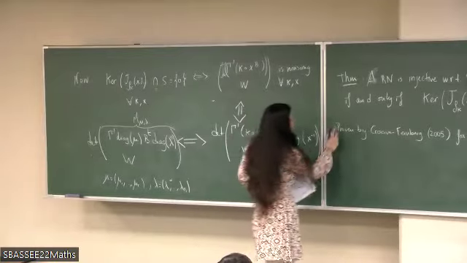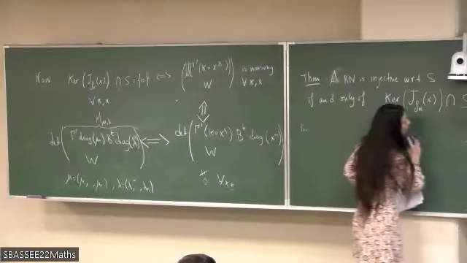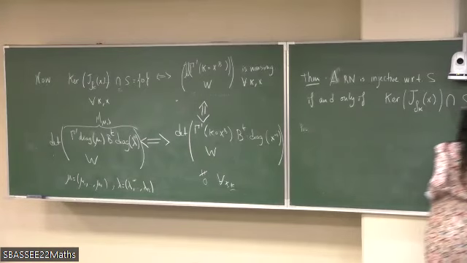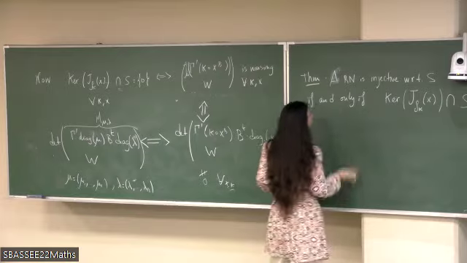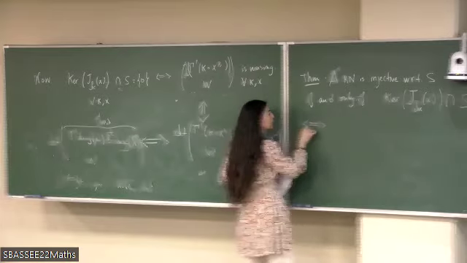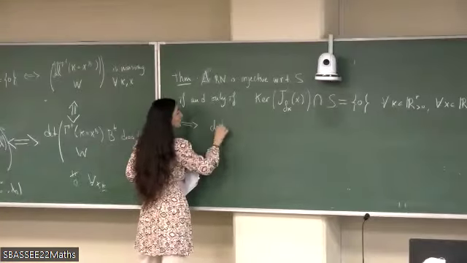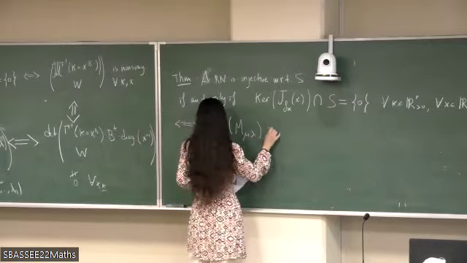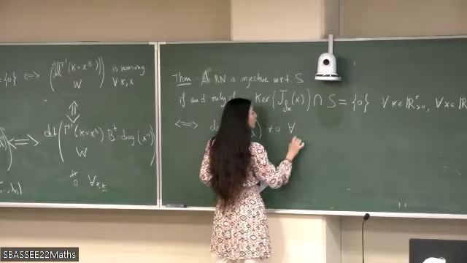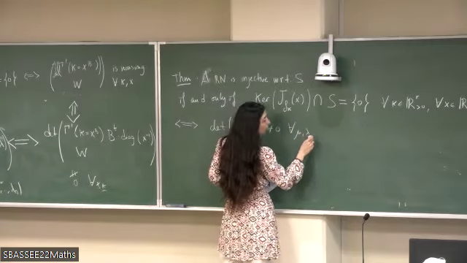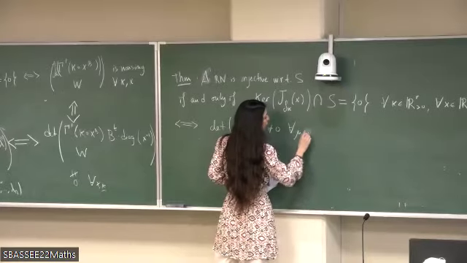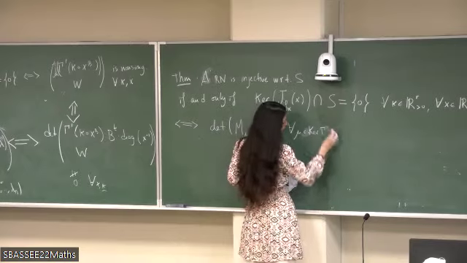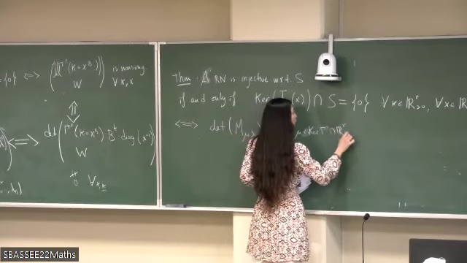And this other polynomial, I said, is linear in all of the variables. Just now I need to look at the intersection of the kernel.